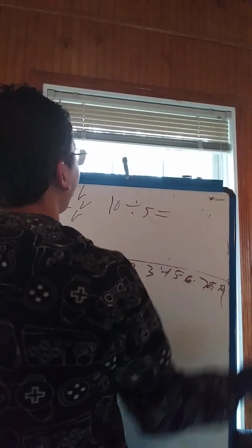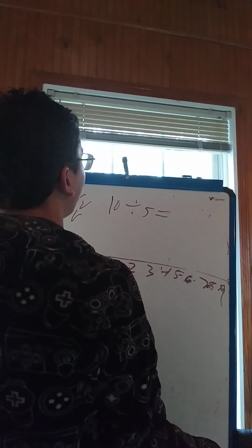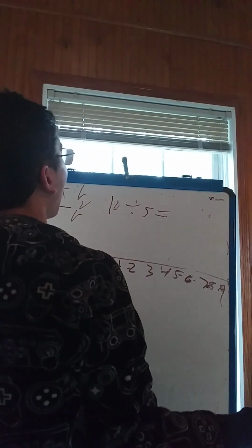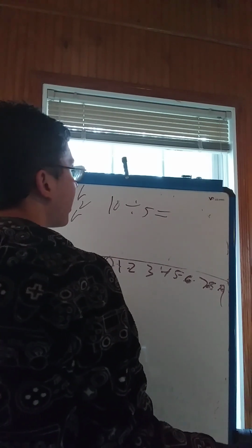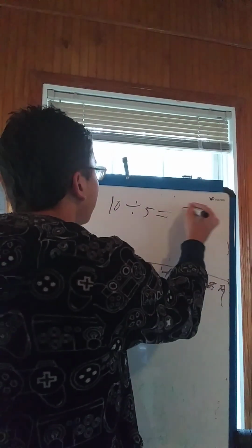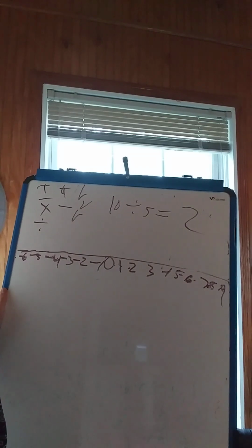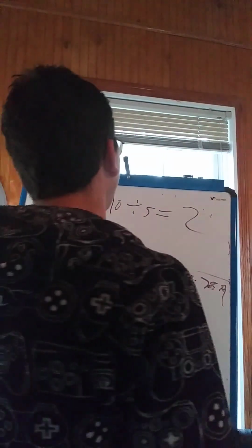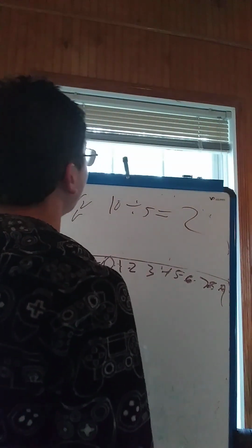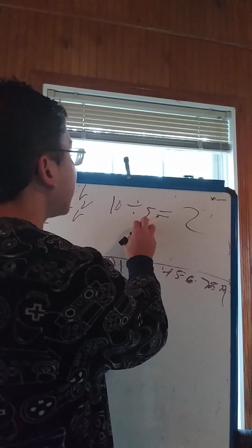Well, 10 divided by 5, if you think about, 5 times what equals 10 in multiplication, obviously that'd be 2. You'd answer like a regular problem. But again, that rule still applies. Both of these signs are positive.